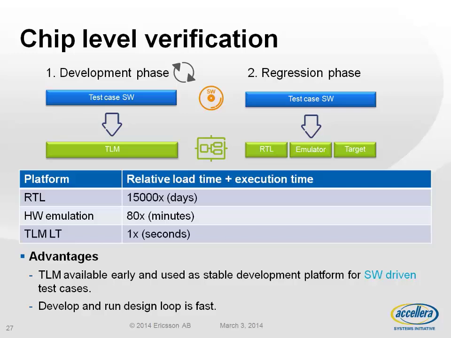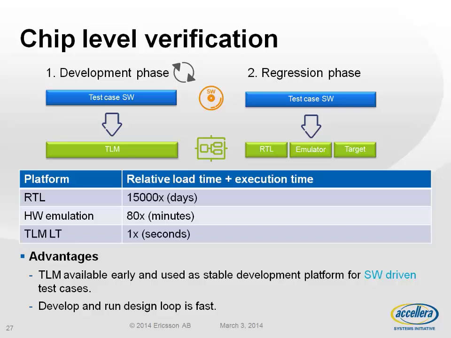And for the regression phase, when the RTL is mature enough and integrated, we can use the same software test cases that were developed a long time ago and run them on the RTL simulation and also the hardware emulator, or even when we have the real chips, we can run the same software test cases. Here's a table that gives you the runtime and the load time of the simulation speed.